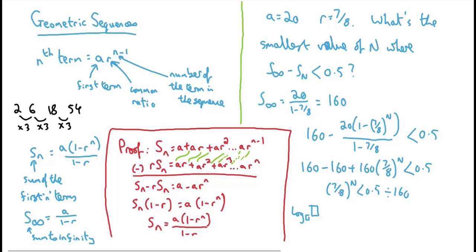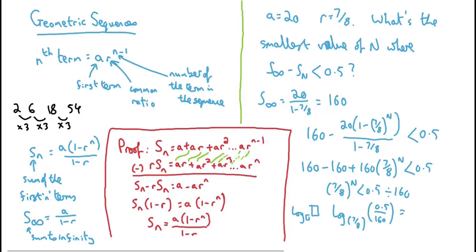In the small square, you're going to put this fraction, so do log base 7/8, and in the big bracket, we're going to do 0.5/160. That would give you a value of 43.19 to 2 decimal places.